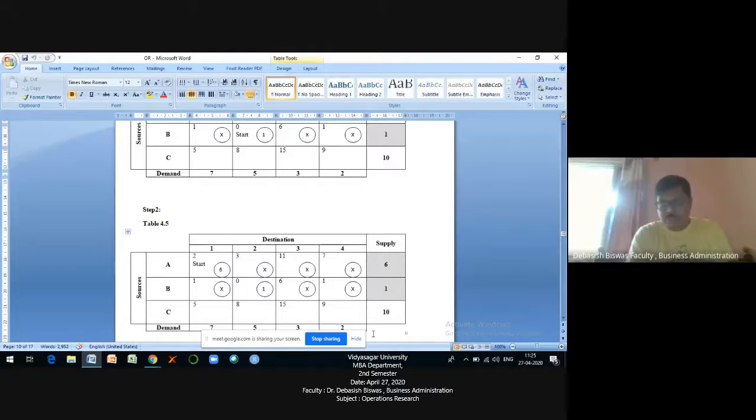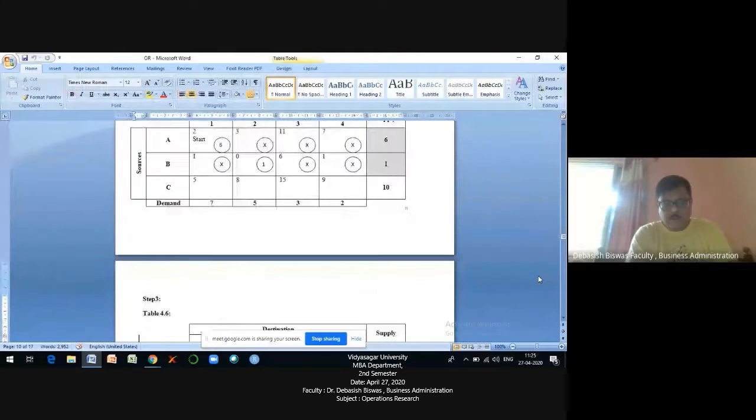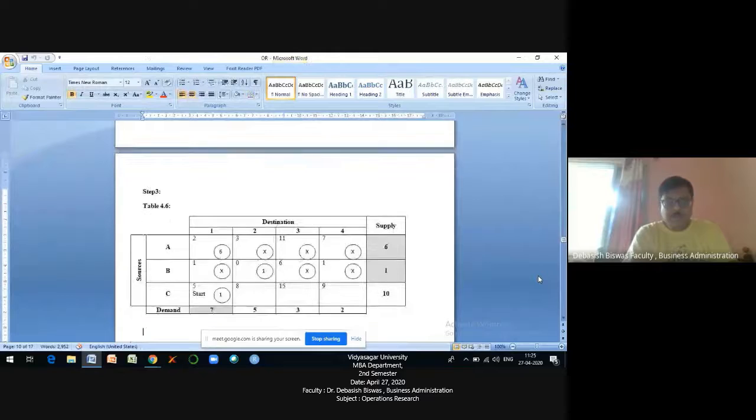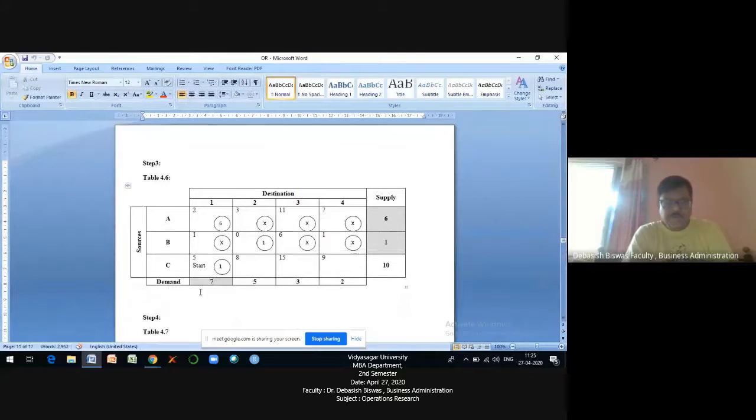So we are moving to the third table. Here basically 1 is available, right? 1 is available, and the supply is 10. So we'll only meet the demand, because demand is only 1 unit.